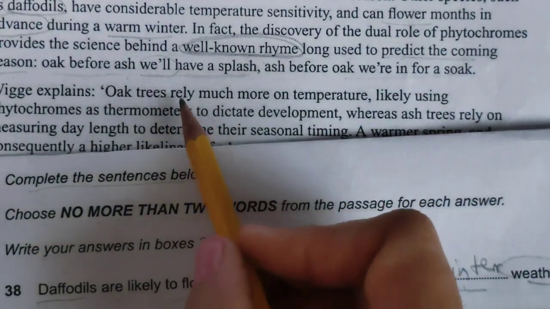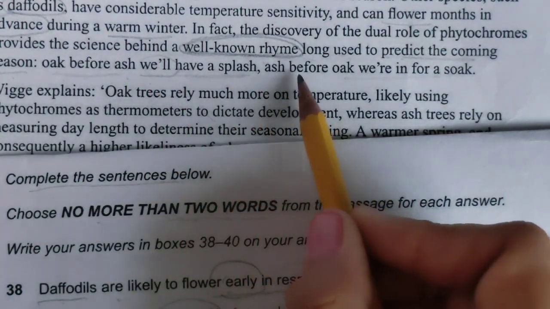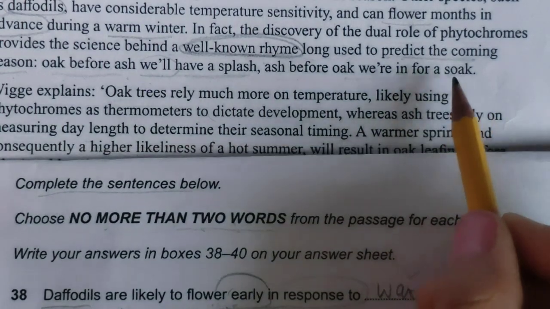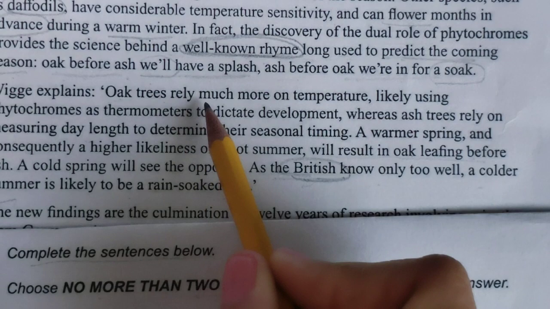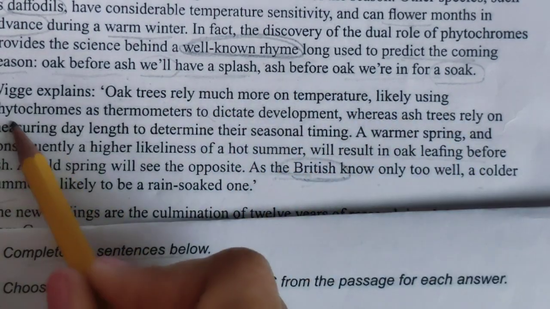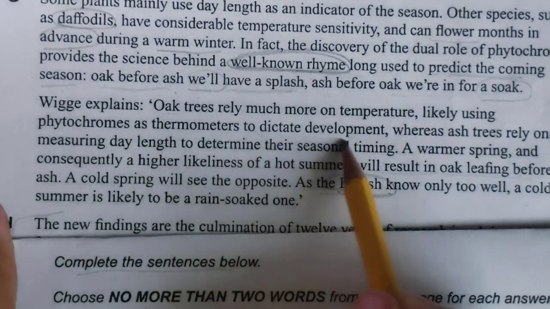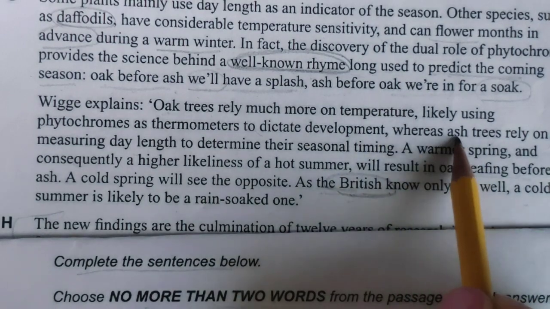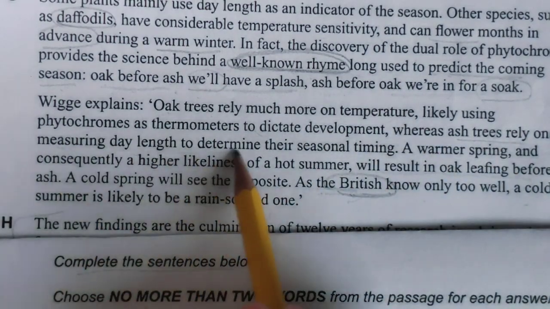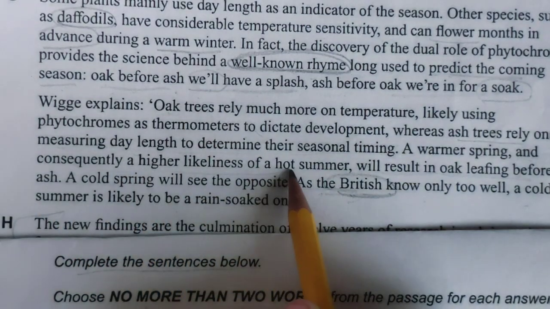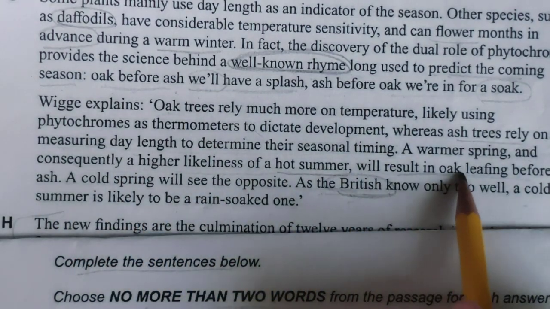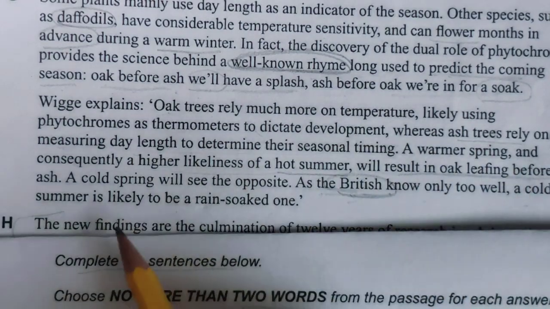Okay, opposite they are saying we will have splash, ash before oak, we are in for soak. Soak also means wet, kind of thing. So here oak trees rely much more on temperature, likely using photochrome thermometer to dictate development. Ash trees rely on measuring day length to determine. Okay, warmer spring and consequently a higher likeliness of hot summer will result in oak leafing before ash.